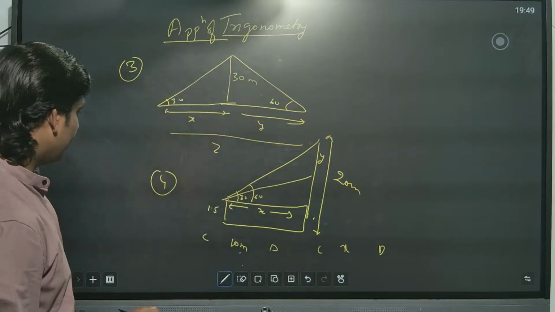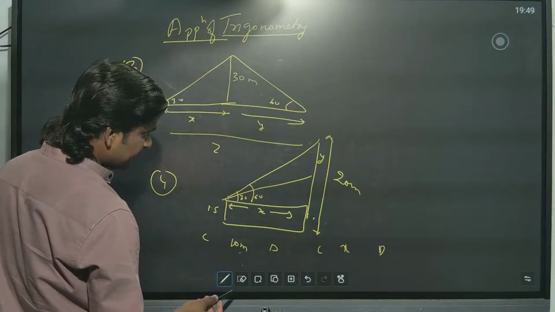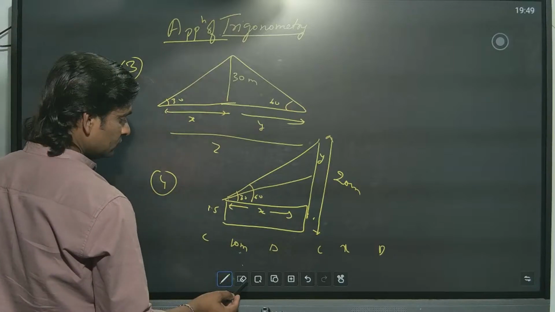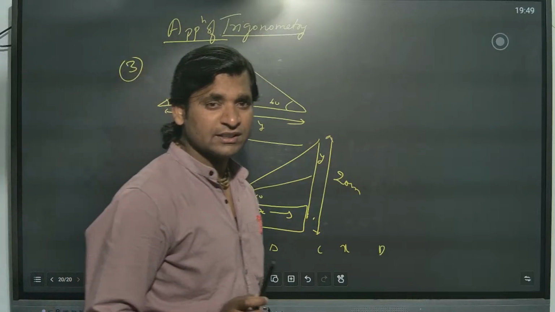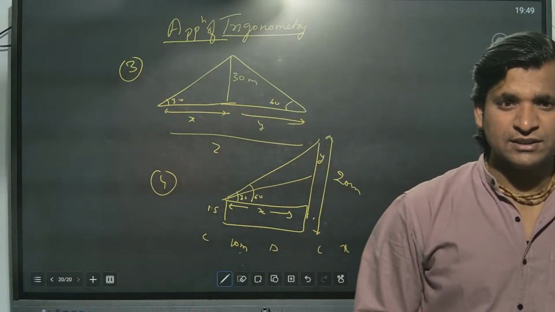Okay, after this, which chapter? Coordinate geometry done. Area related to circle. Area related to circle very important.